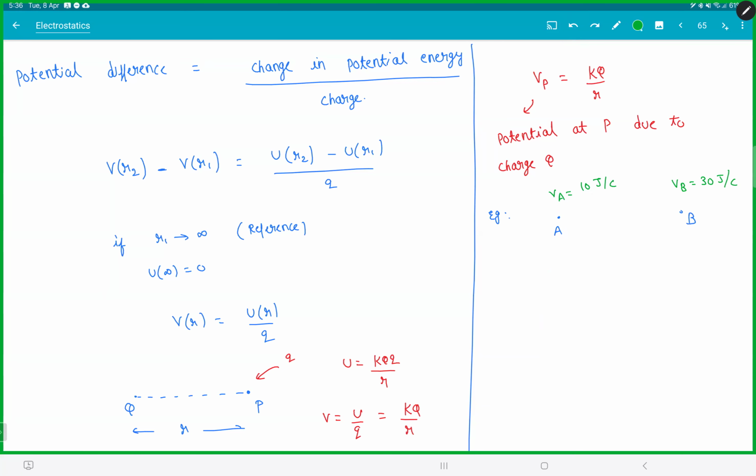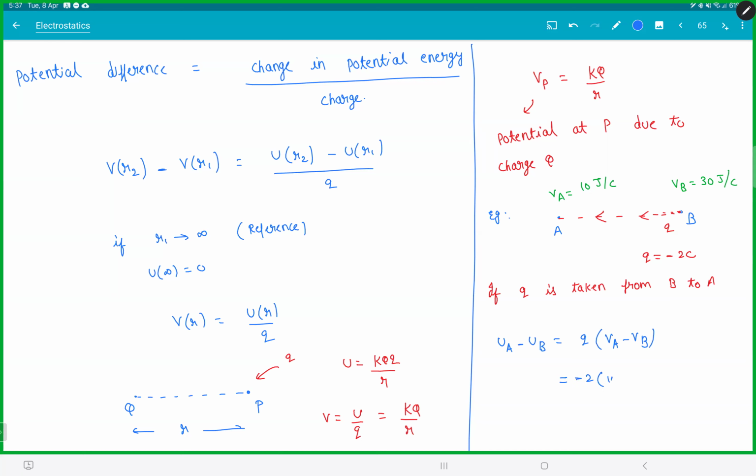Now, if you take a charge minus q, and you're taking it from B towards A, where the value of q is, let's say, minus 2 coulombs, then the work done by the external forces is, going from B to A, A is final, B is initial, U final minus U initial, which is charge into potential difference, q times (VA minus VB).